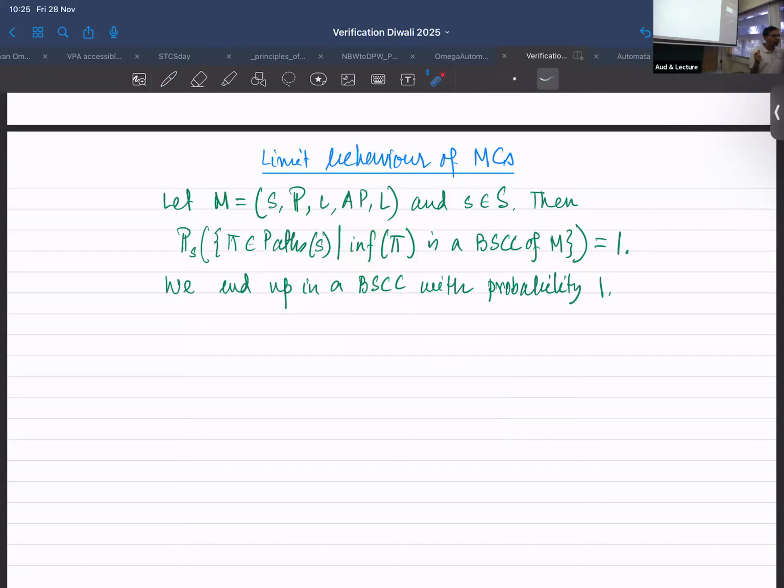You may have multiple BSCCs, but with probability 1, you will end up in one of the BSCCs.